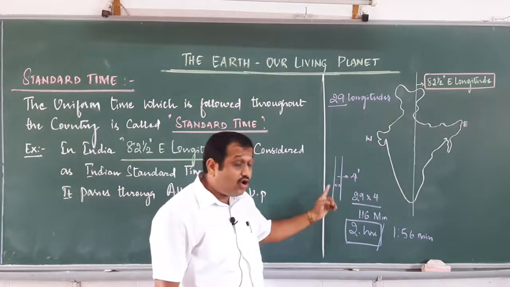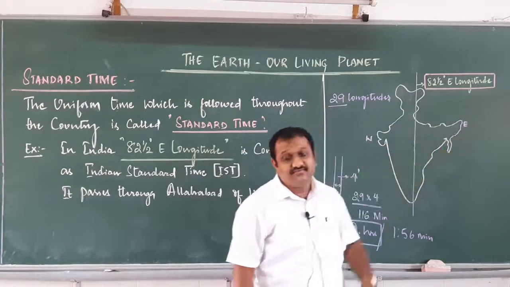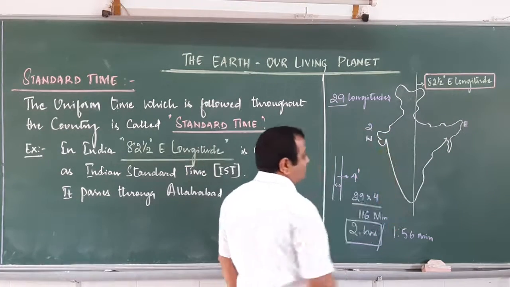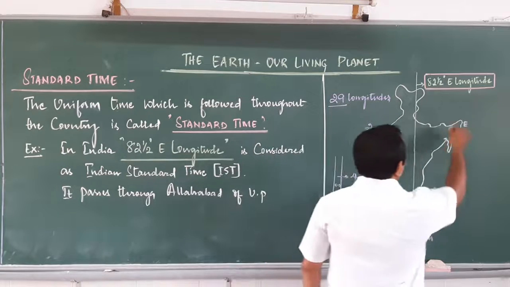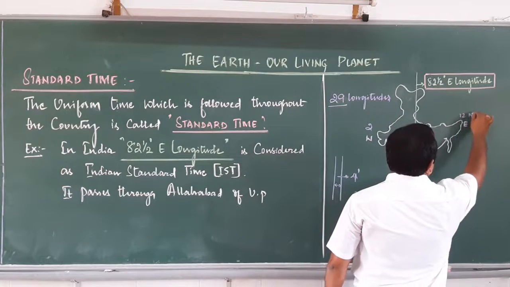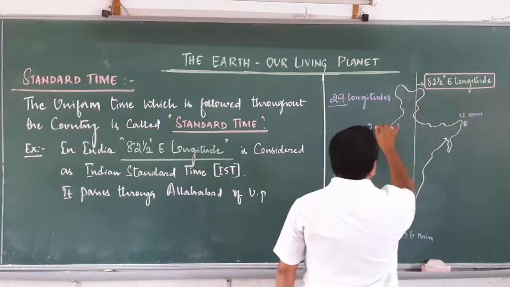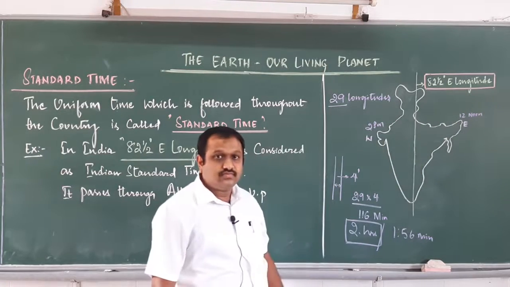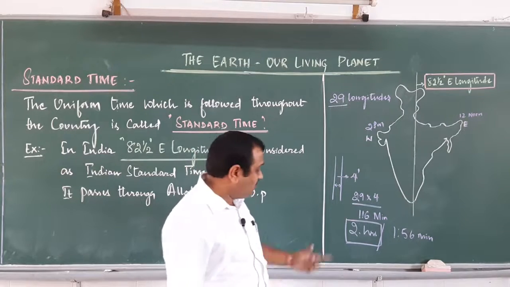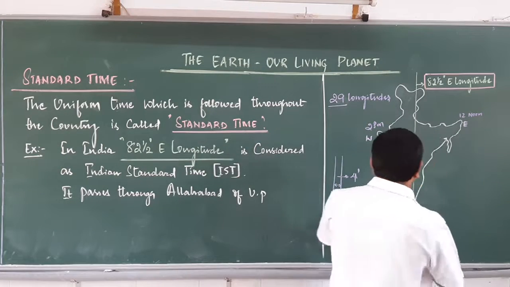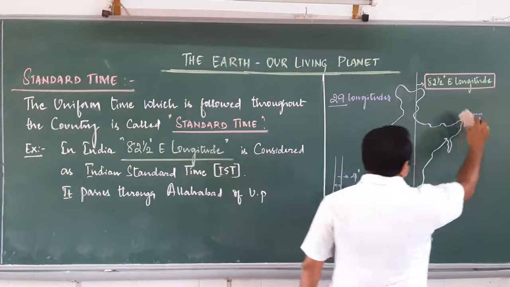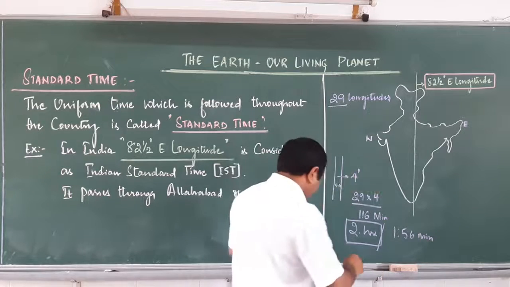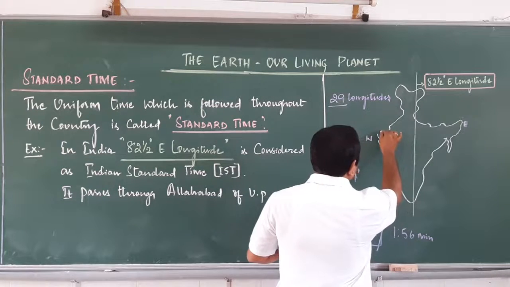If you go according to the longitudinal time, say for example, if it is 2 p.m. here, it is 12 noon there. It varies from one longitude to another, almost 2 hours of gap from one end to the other.